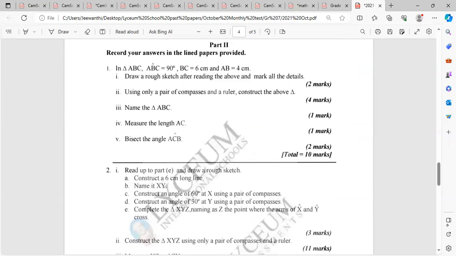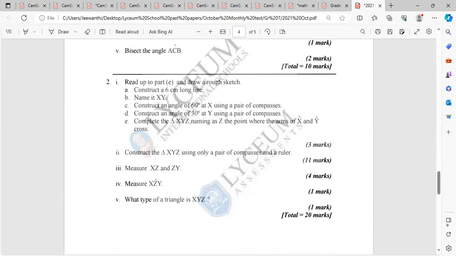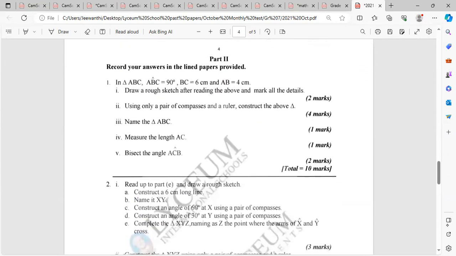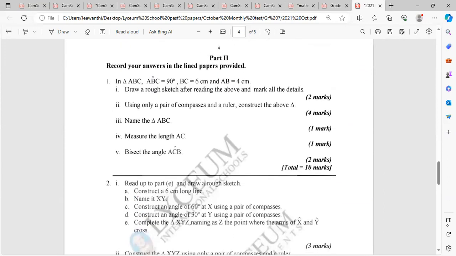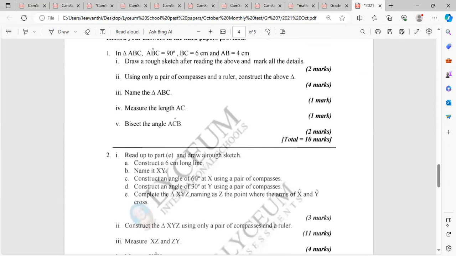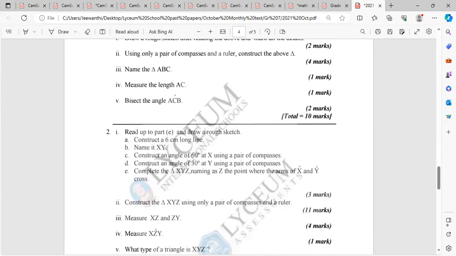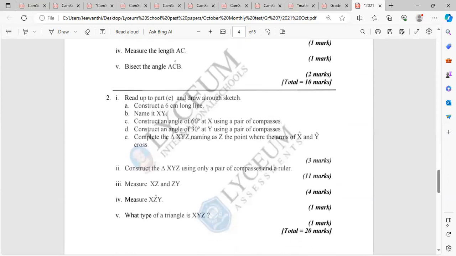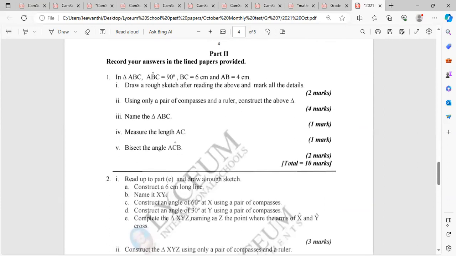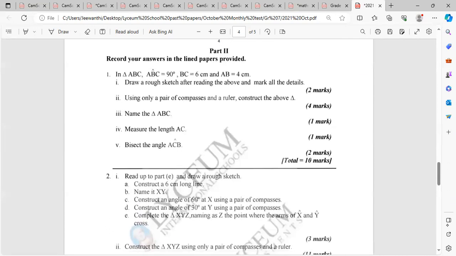One is worth 10 marks, the other one is worth 20 marks. I haven't added the answers for these 2 questions in this video, because both of them are from the construction lesson, right? You want to take your pair of compasses, ruler, protractor and everything and do the constructions. Therefore, I don't discuss these 2 questions.